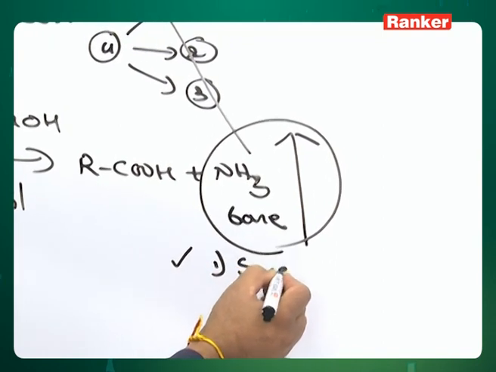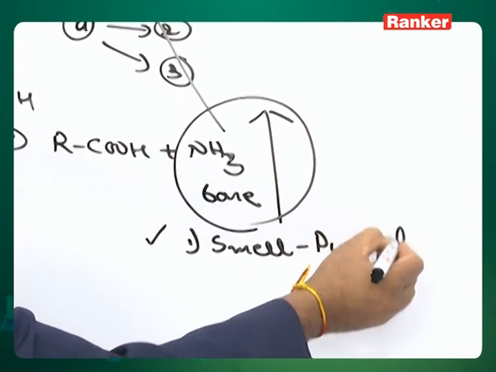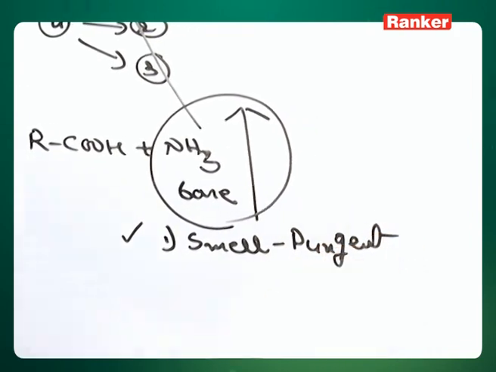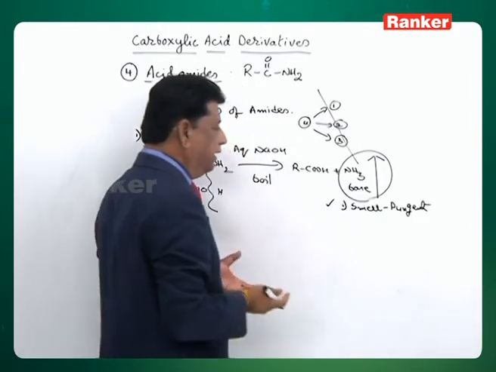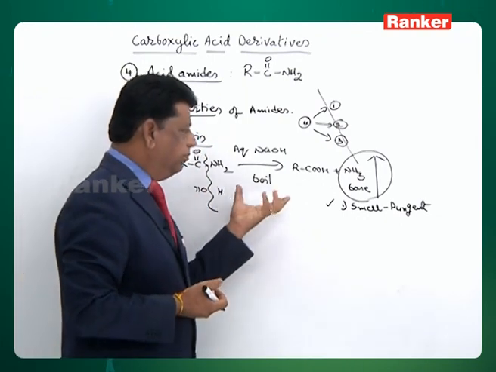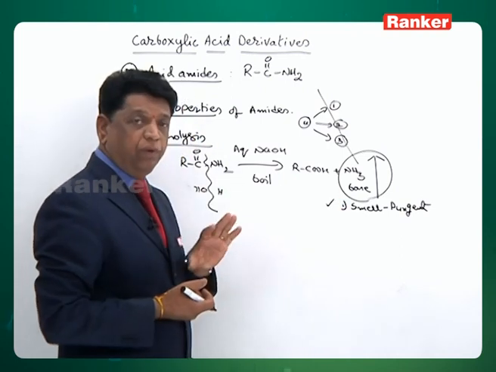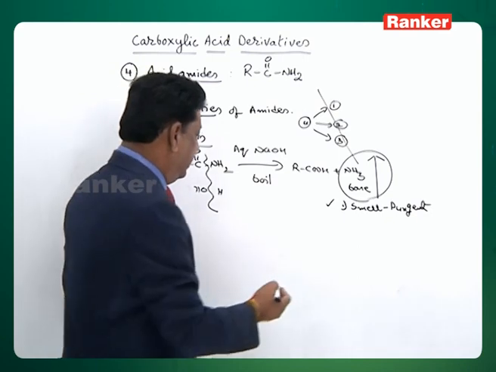The smell of ammonia is pungent. So, it has a pungent smell. Once you smell the ammonium hydroxide bottle, you can remember exactly what the pungent smell is. So, by the smell one can identify it.